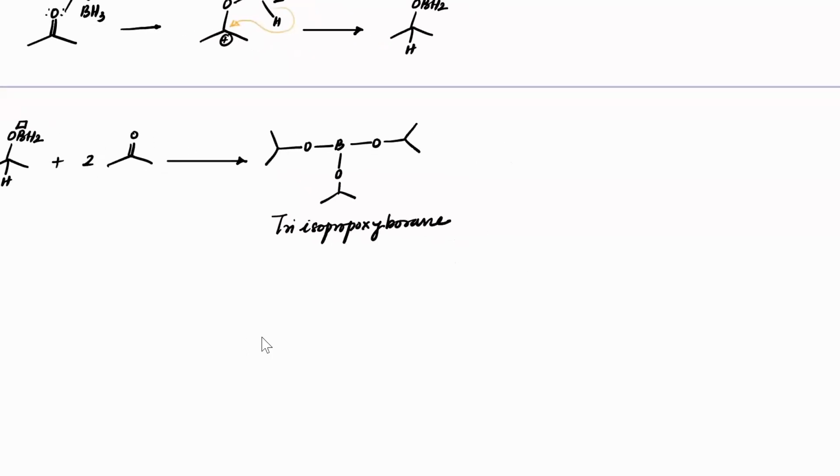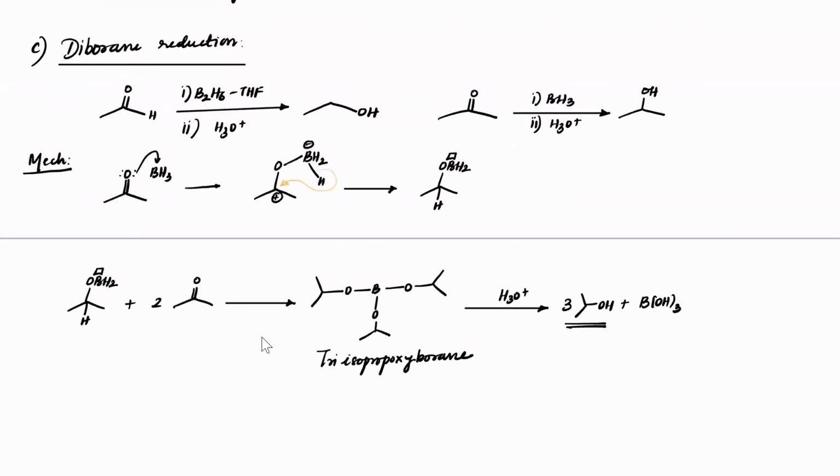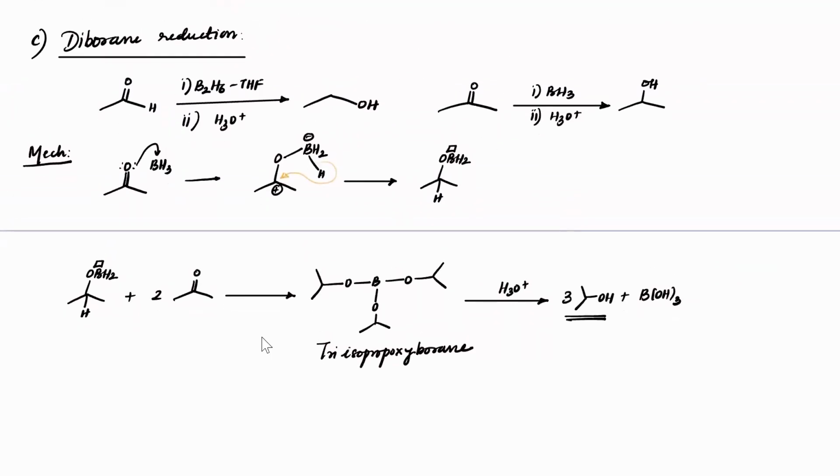So trialkoxyborane. And this trialkoxyborane, when you treat with water or in acidic hydrolysis, you'll get 3 moles of alcohols plus boric acid, B(OH)3. That's how you'll end up getting alcohols. Okay. So I hope the mechanism is very simple, straightforward.